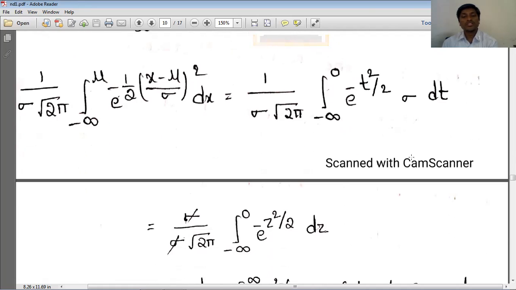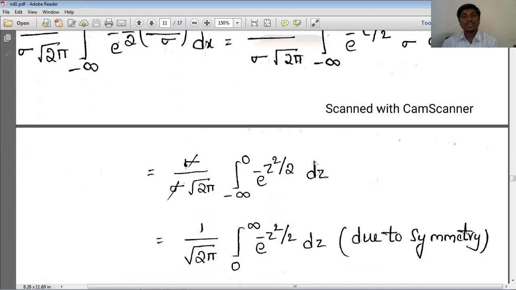Now we are going to simplify this one. Here it is sigma by sigma square root of 2 pi. Already we have sigma, because inside we wrote dx is equal to sigma dt and we substituted. Sigma is a constant, so we write it outside.